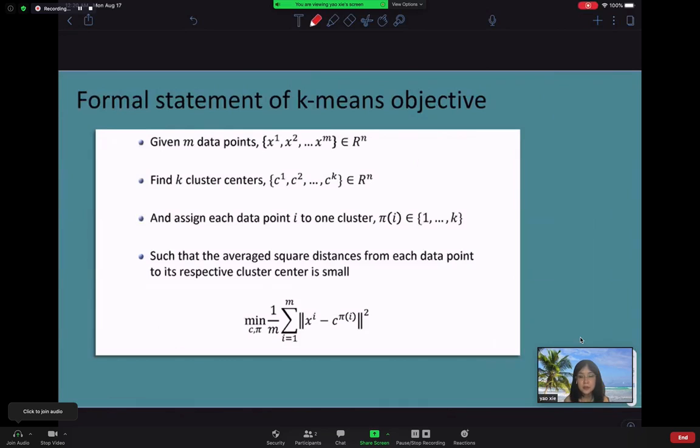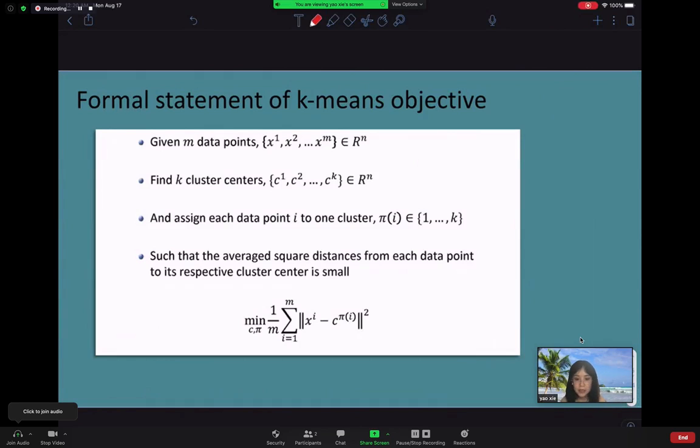Okay, so here is a formal statement of the k-means objective. Given m data points, we want to find k centroids or cluster centers and find this assignment function. So what is our objective function? We want to minimize the average squared distance from each data point to its respective cluster center. We want to minimize the overall sum of squared errors of representing these x with centroids. That's it.